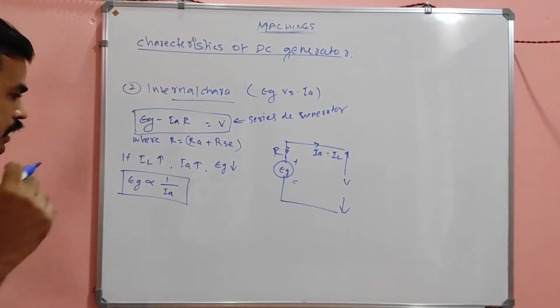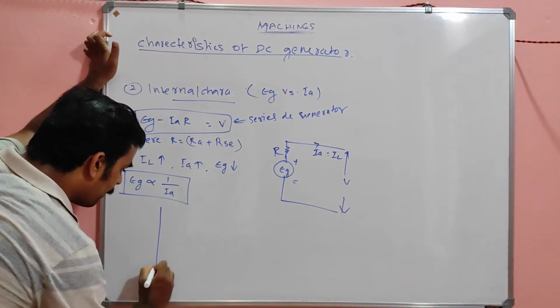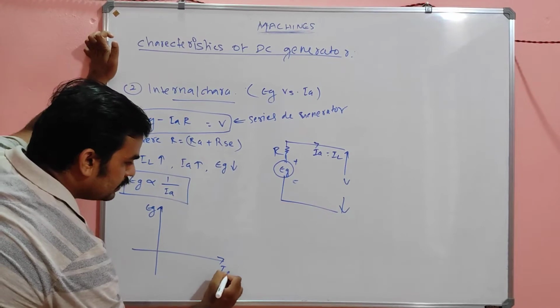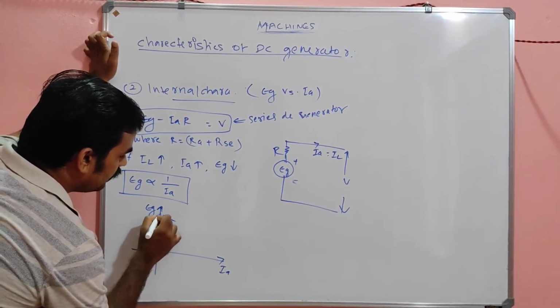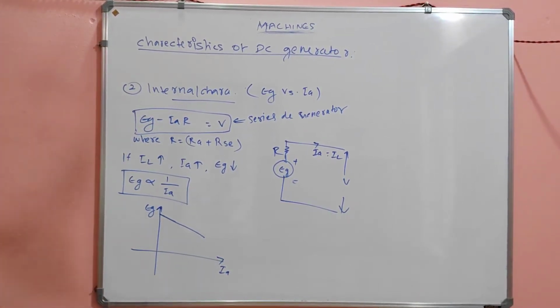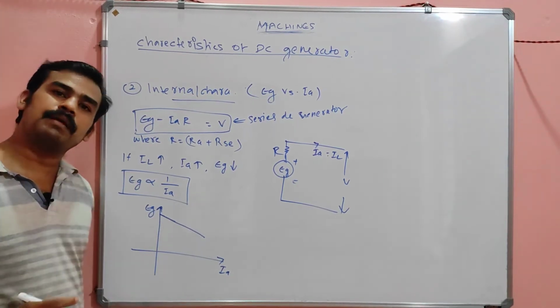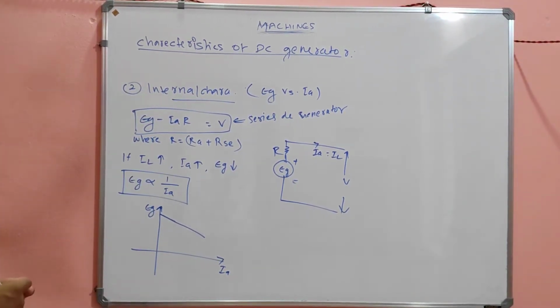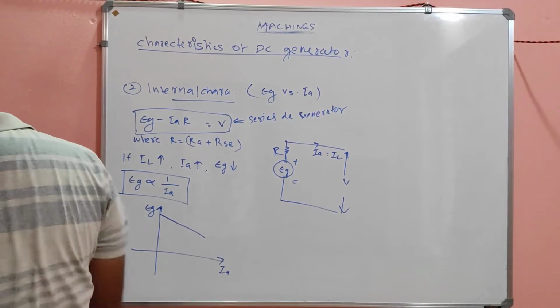If you plot a graph between Eg and Ia, with Eg on one axis and Ia on the other, the plot will be inversely proportional like this. This is called the internal characteristic. Is it clear, my dears?